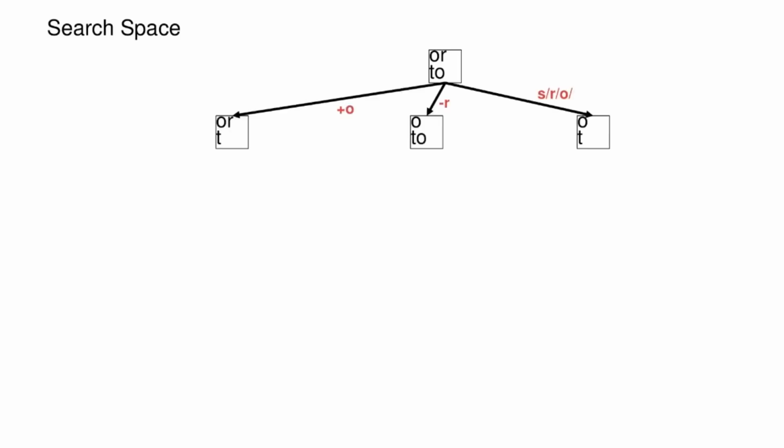And so the way to approach this could be brute force. What if it's brute force? We search for absolutely all ways of doing that. So we start with, let's say we want to change "or" to "to". Then we could subdivide it into different ways.